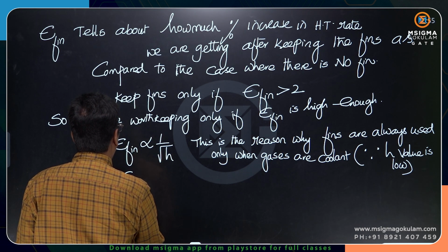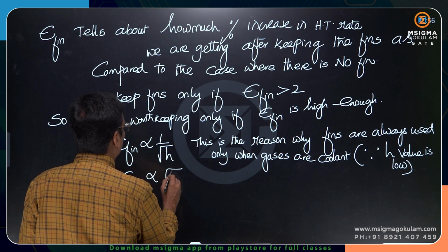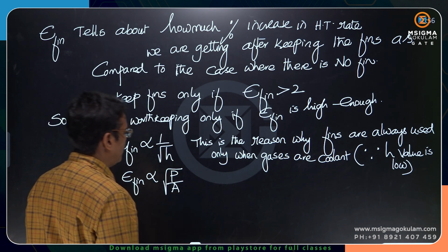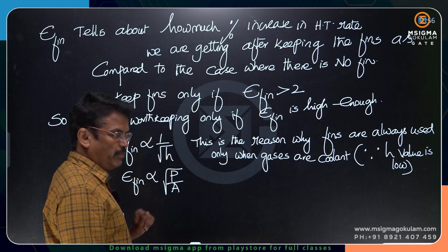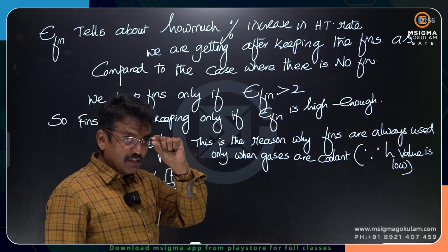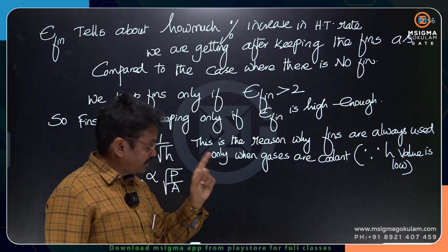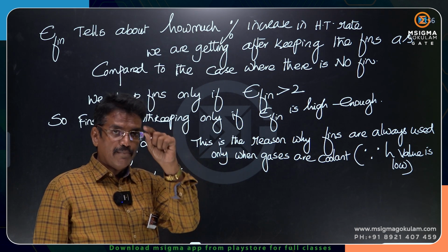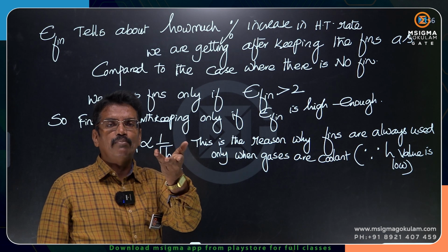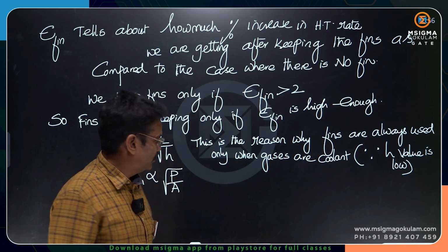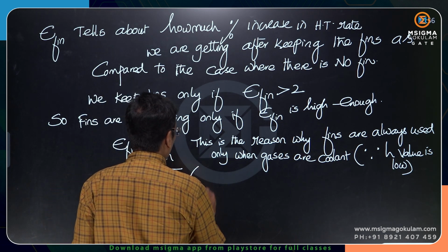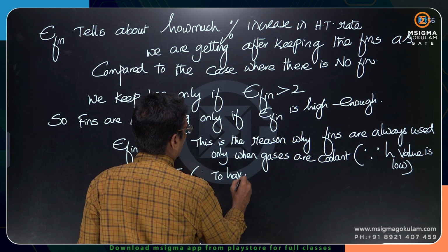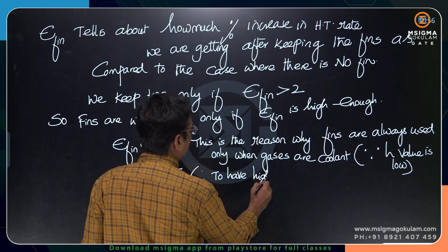Effectiveness of the fin is also directly proportional to the P by A. P is the perimeter, A is the profile area. This ratio will be high if the thickness of the fin is low. This is the reason why fin is always made thin. The thickness t dimension will be few mm, 2 mm or 1 mm or 3 mm. Therefore, to have high effectiveness of fin, this question was once asked in GATE.